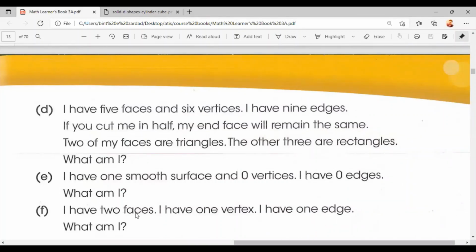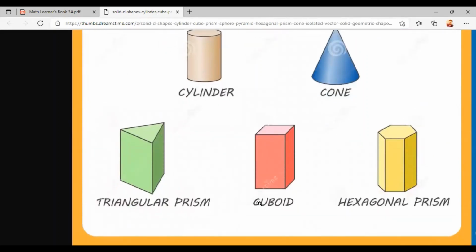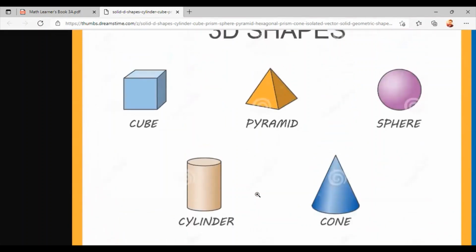So what am I? Two faces, one here and one here in front of us. So this is a curved face. So these are the two faces. So it is a cone. What about cylinder? This is the shape of cylinder. Triangular prism, cuboid. Sphere, like a circle, but in 3D shape.